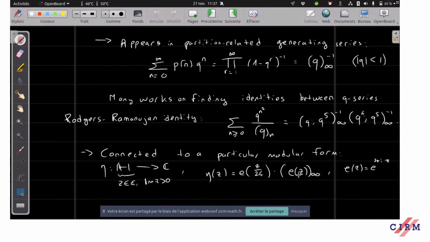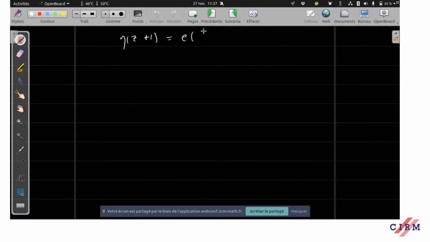Of course this is one-periodic: when you shift z by 1, you just have a factor coming out, which is e of 1 over 24 times eta of z. And eta of minus 1 over z is z over i to the 1/2, where z over i has positive real part so you take the principal determination of the logarithm, times eta of z.